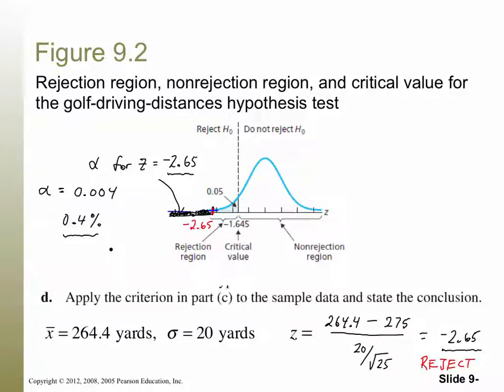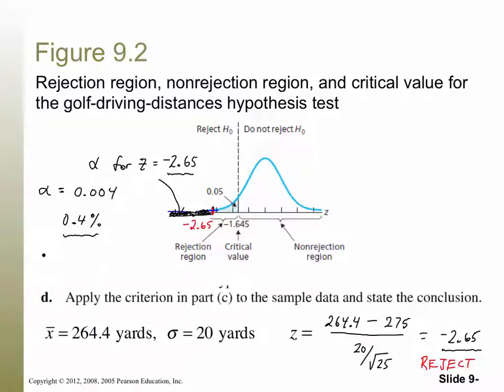A 0.4% significance level, meaning what is really the chance that we're making a type 1 error for this z-score? It's not 5%. Do you see? Like half a percent. So yes, the 1.645 for the 5% was the cutoff, but our z-score indicates that because it's so far down, the probability we're making a type 1 error is less than half a percent.